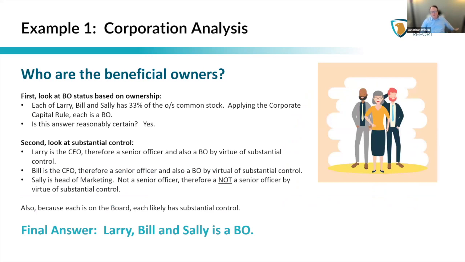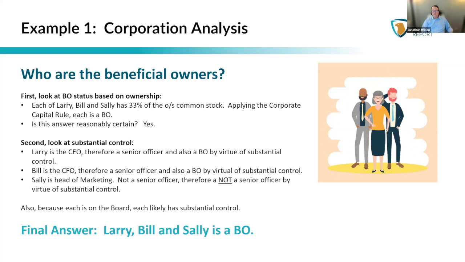Purely on the basis of ownership, each of the three of them has a third. The outcome is reasonably certain because those percentages don't change, whether this company is worth $1 or $1 billion. So all three of them are beneficial owners. But we don't stop there. We still have to go through our substantial control analysis. In this case, Larry and Bill are both senior officers, CEO, CFO.